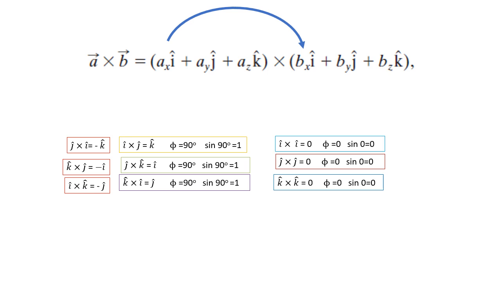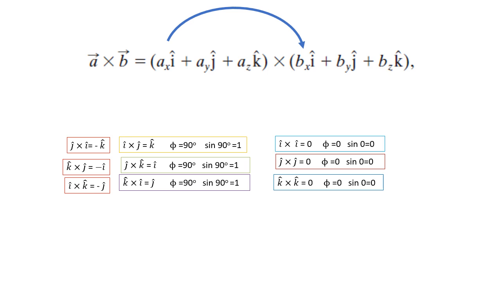Each term you are going to multiply with the corresponding terms of the other vector. When you multiply i and i, it will become 0. j and j become 0. k and k multiplication will be 0. So after multiplication, the terms which involve two different unit vectors will stay. If they are the same, they will vanish.